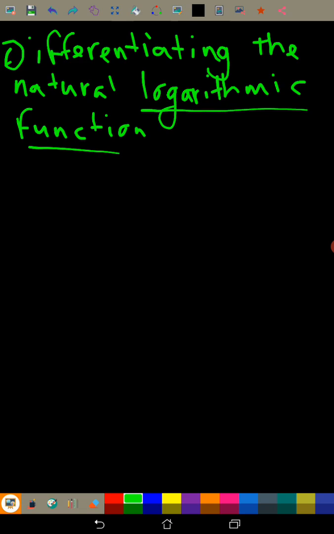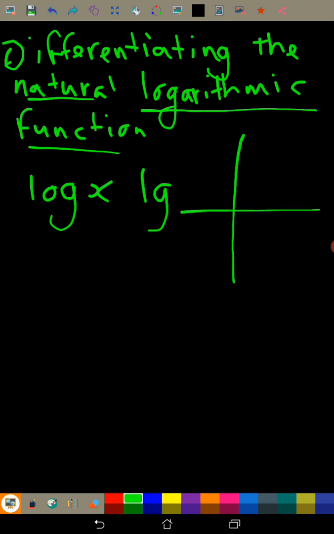What is a logarithmic function, natural logarithmic function? This is what we say log x, for example, or lg. Sometimes I've seen it denoted as lg, and we know from my previous video that the function y is equal to e^x, the exponential function, looks like this. This is the y-axis, and this is the x-axis.